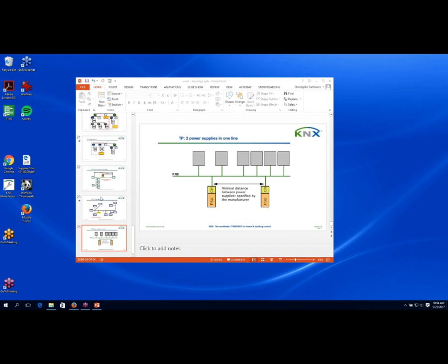Does the group address monitoring function of ETS work with a line repeater? Wait, I need to think about this question.